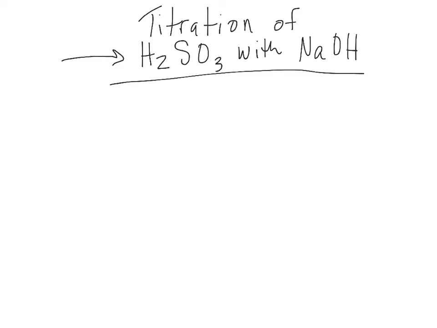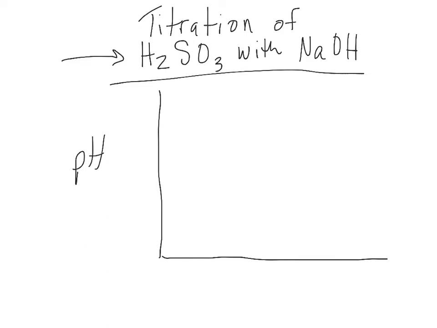Well, because H2SO3 is a weak acid, we would expect our titration curve with pH on our y-axis and volume of NaOH, or effectively, OH minus ions on the x-axis, to look something like this.